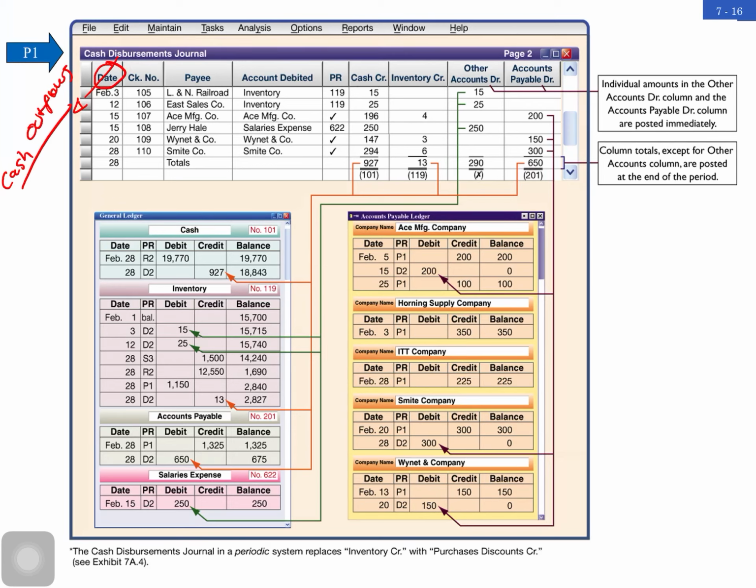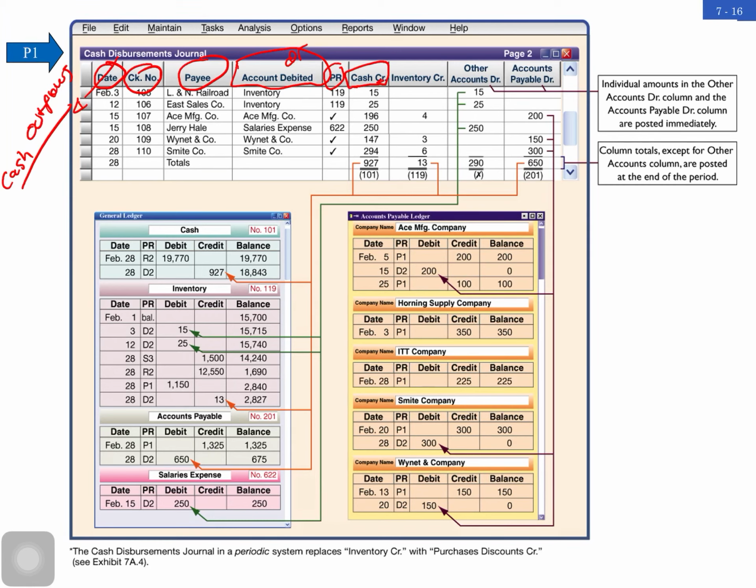You need to have a date, and then check number, and then the payee, to whom you need to pay. And then you have the account debited, the account that needs to be debited. And then you have reference, and then you have cash on the credit side here.